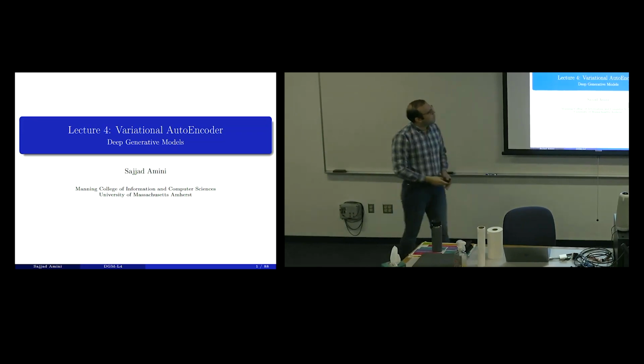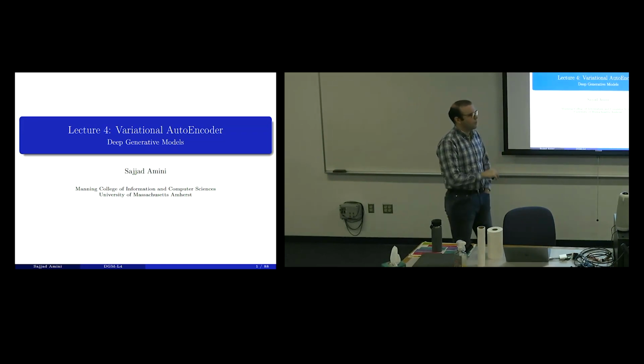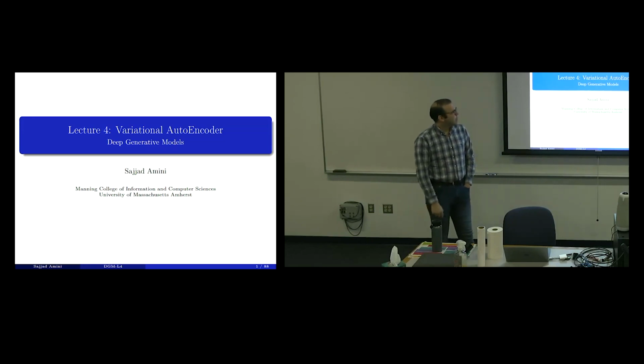In the next presentation and next model, we want to talk about variational autoencoders. They are really nice models, and they are based on our intuition of how to model data in a simpler way.